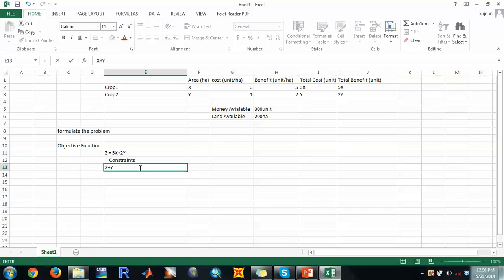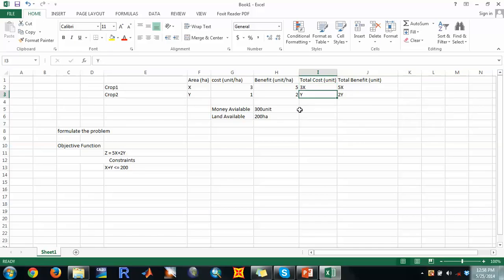But we have limited area, only 200 hectares, so x plus y should be less than or equal to 200 hectares. And again, you can look at the money available. The crops are going to cost 3x and y amounts of money, and the only money you have is 300. So the cost of crop 1 and the cost of crop 2 should be less than or equal to this.